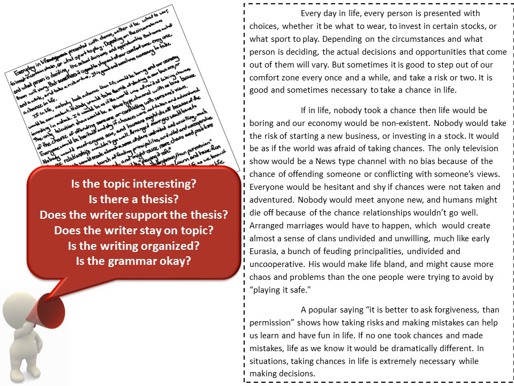Arranged marriages would have to happen, which would create almost a sense of clans, undivided and unwilling, much like early Eurasia, a bunch of feuding principalities, undivided and uncooperative. This would make life bland and might cause more chaos and problems than the ones people were trying to avoid by playing it safe.